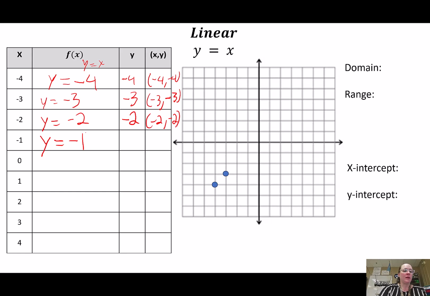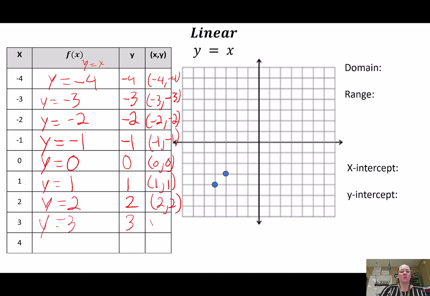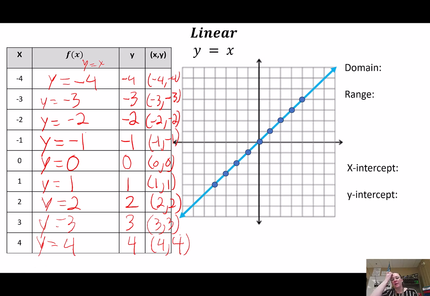So again, I'm just plugging the given x value in for x. All right, so this is our linear. Okay, so if I plot those points, notice they make a straight line, which we would expect for a linear, right?